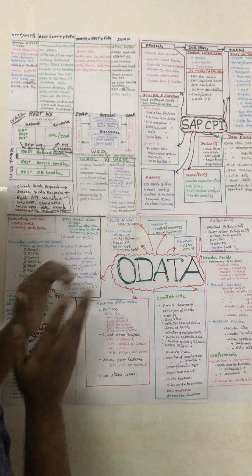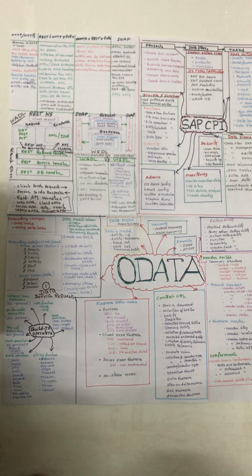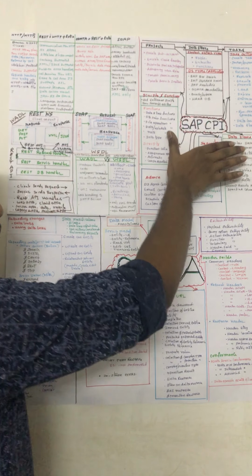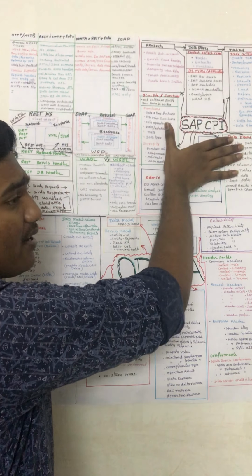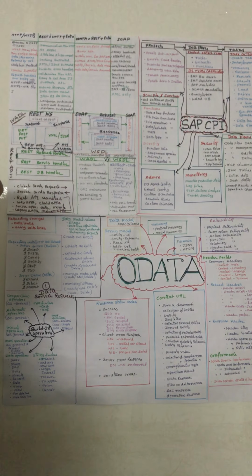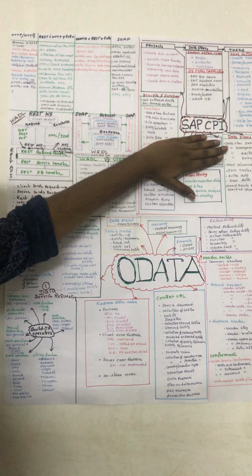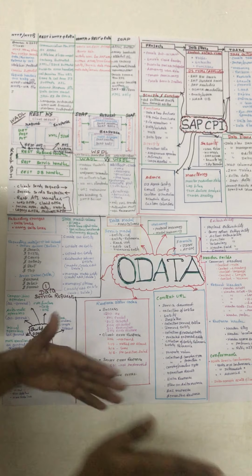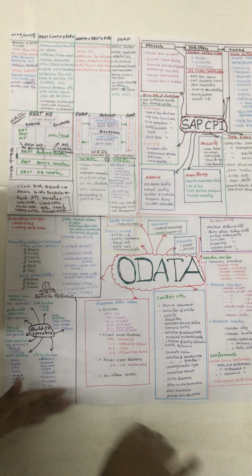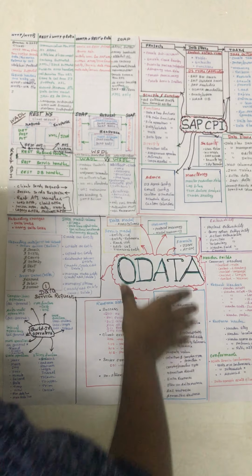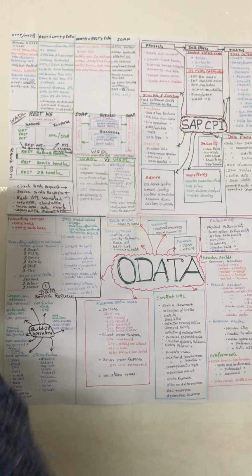It is done in Cloud Platform Integration, and it integrates with all other clouds. It's one of the most powerful cloud tenants created by SAP. It makes the work very easy, very fast, more understandable and more accurate. This is the importance of SAP CPI.